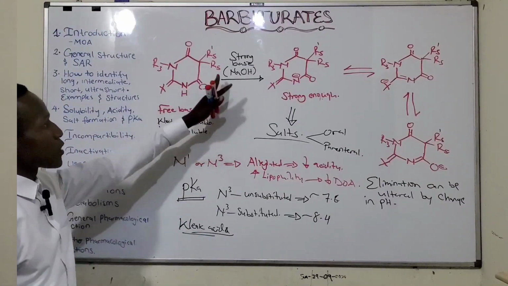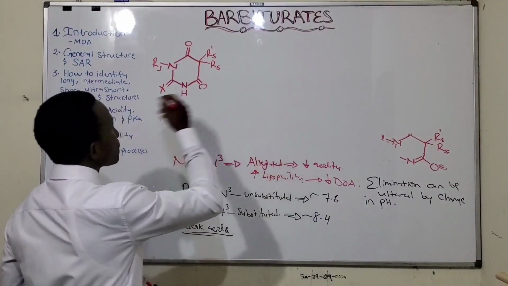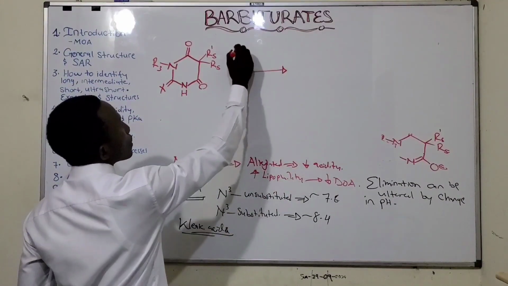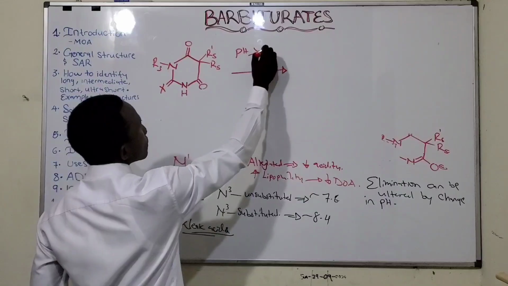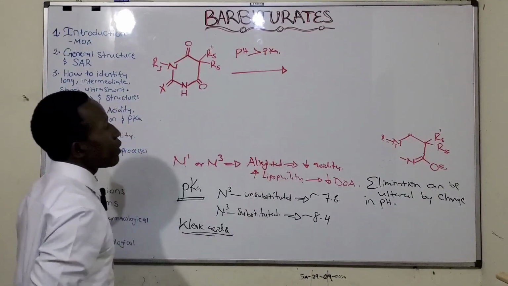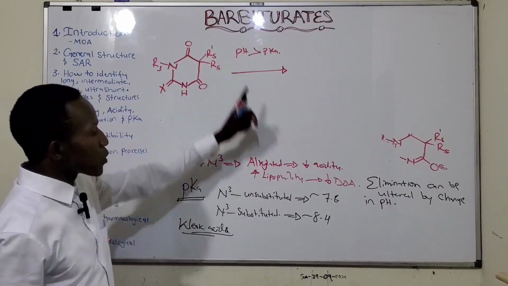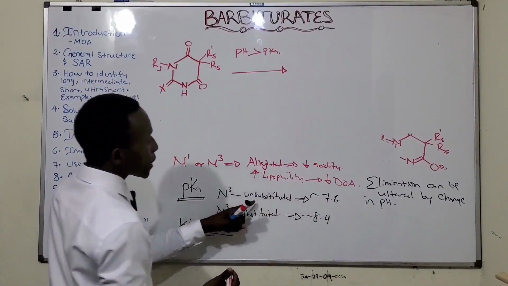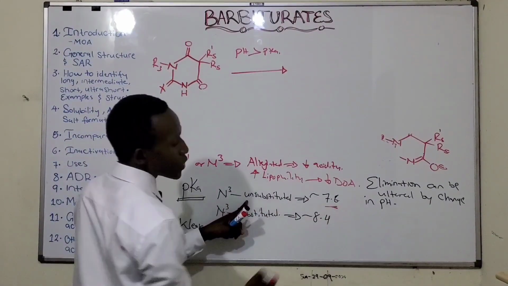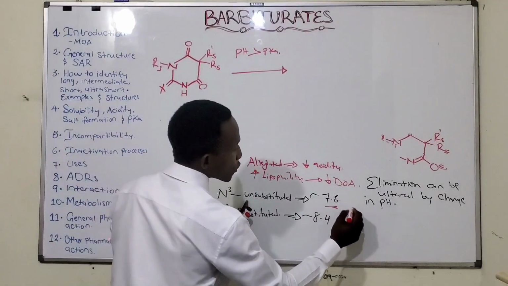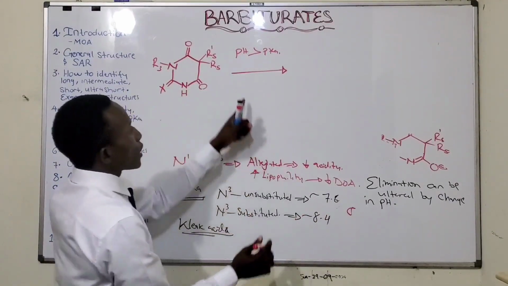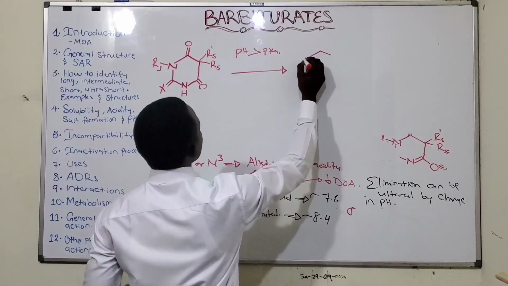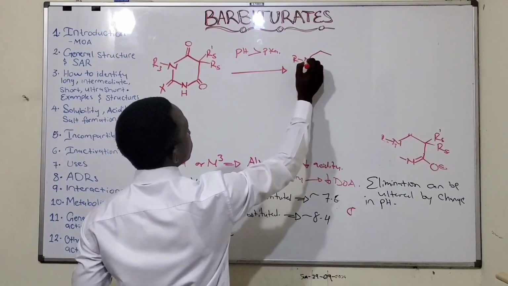Let's use this here. In case of the pH greater than pKa, what do you expect? If the pH is greater than the pKa, for example, if the pKa of a drug is 7.6, a pH greater than this can lead to ionization. That means that we shall have this.